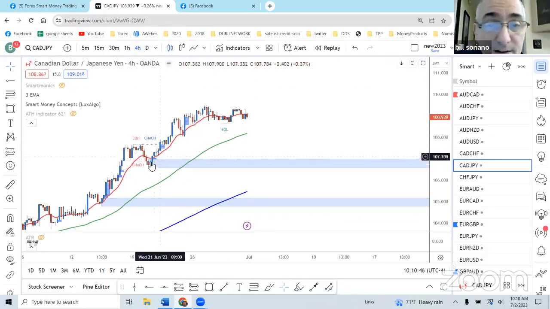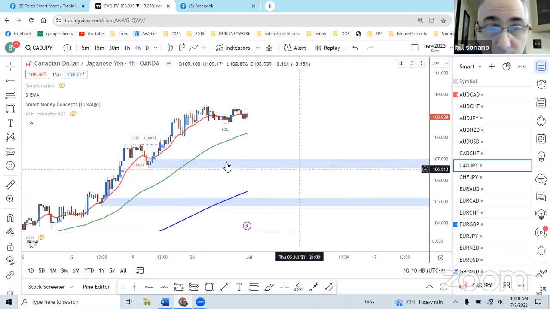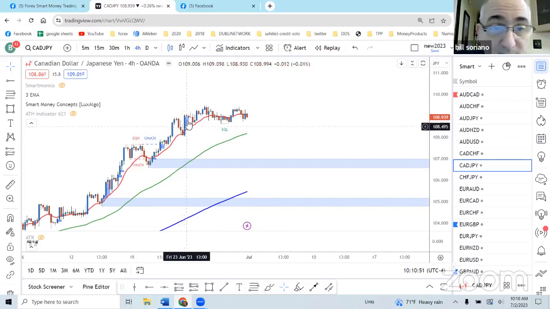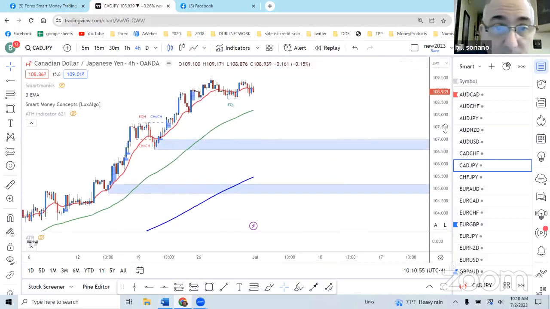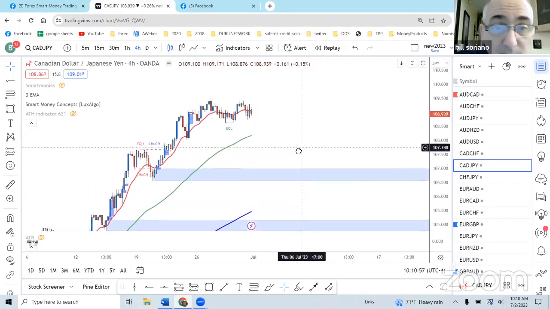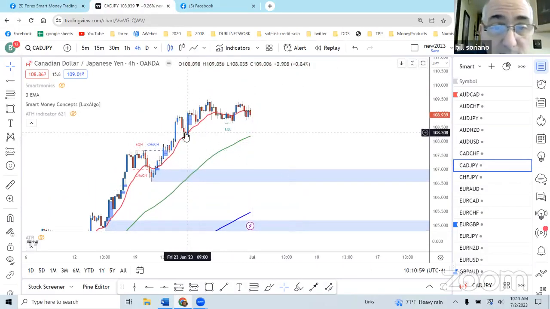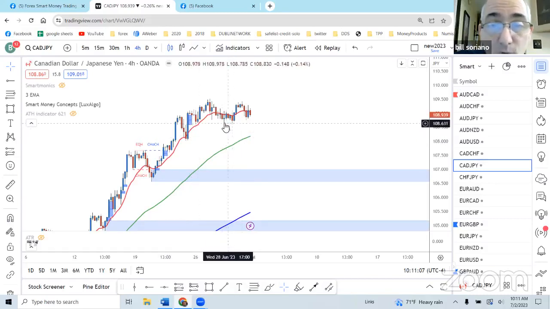Let's go to CADJPY. So again, here's our order block down here. Again, there's a nice order block right here that the indicator is not giving us. This order block right here is nice because look, you have a big engulfing candle. You get a break of structure. It leaves imbalance down here. You also have equal lows right here. It's building up liquidity.